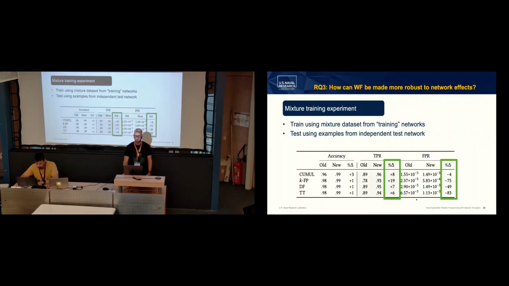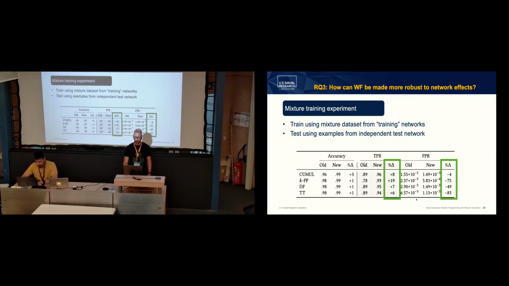Okay, the final research question is, how can we make website fingerprinting more robust to network effects? So to do this, we created a mixture training experiment where we're mixing data that we gathered from multiple of our 9 networks and then testing in an independent network that we didn't use to train. We're allowing ourselves to gather data from multiple of the simulated networks to make a more robust classifier.